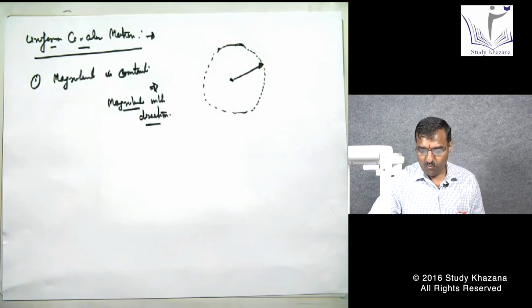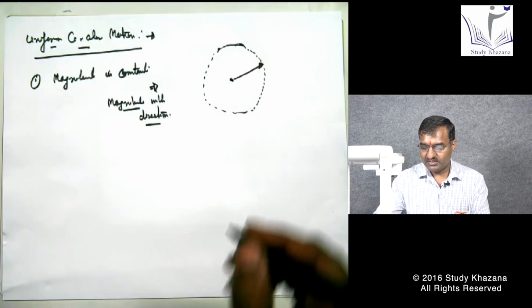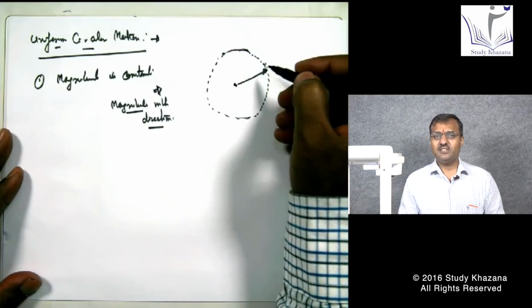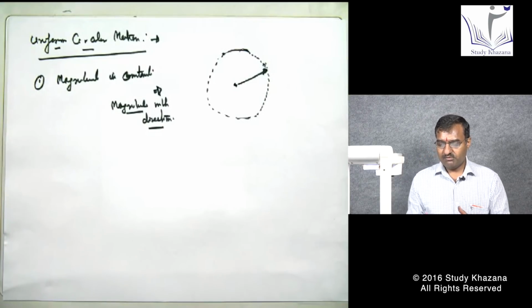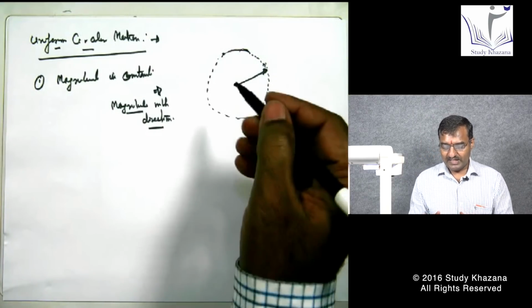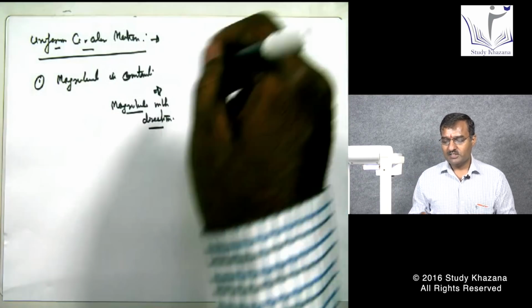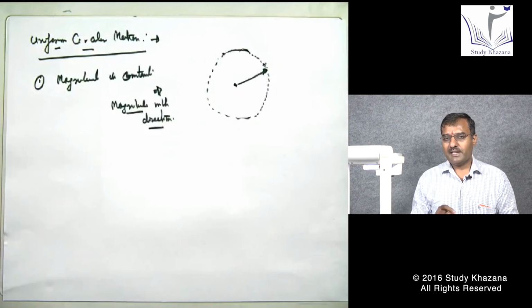At each and every point, the direction gets changed. Due to the change in direction, there is a change in velocity. If you see step by step, you can draw a rectangle, then a pentagon, hexagon, octagon, and finally it will become a circle. So even though the magnitude is constant, still the velocity is changing.